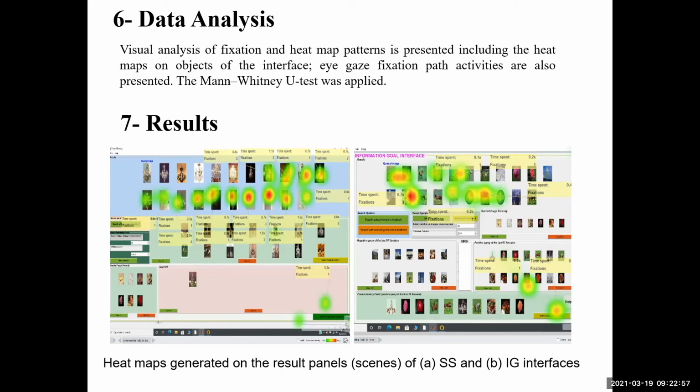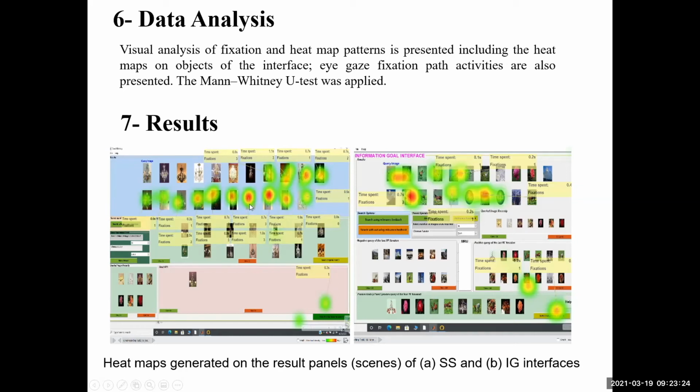This figure illustrates customized heat maps, indicating the most heat-focused elements where the image results are presented. In the search strategy interface, the heat maps can be clearly seen. This is the query image and the most heat, randomly selected from individual participants.